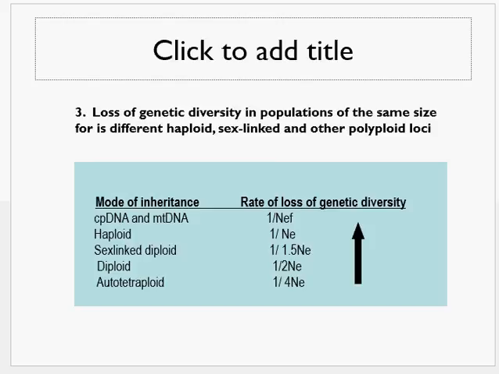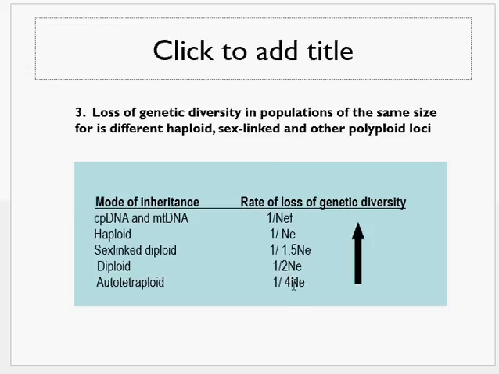If you have a tetraploid, then it's 1 over 4 times the effective population size. So in other words, the rate of loss of genetic diversity is much lower. And if you have a haploid, the rate of loss of genetic diversity through random genetic drift over time is much higher. It's 1 over the effective population size.